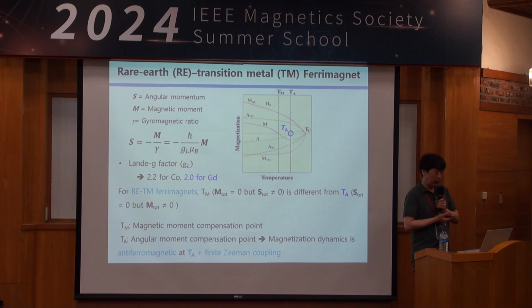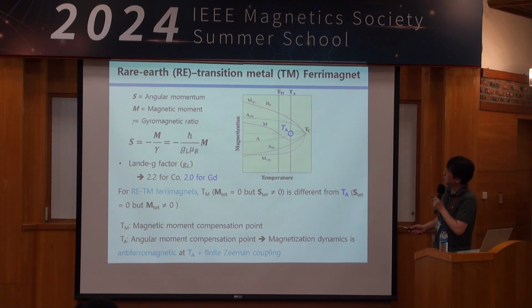Okay, so the next example is field-driven domain wall motion in rare-earth transition-metal ferrimagnets. As you have seen before, we have a rare earth and a transition metal. They are antiferromagnetically coupled. Because of the different Landé g-factors, the magnetic moment variation and the angular momentum variation are different.